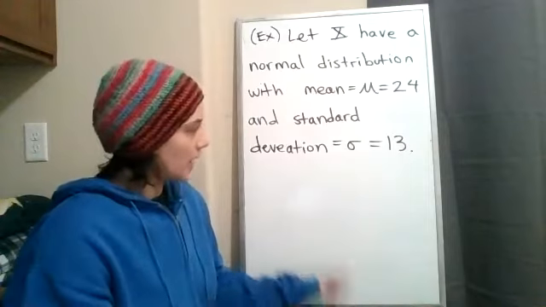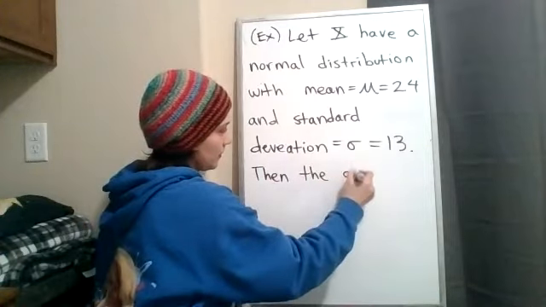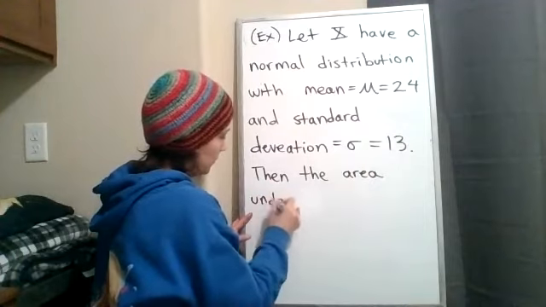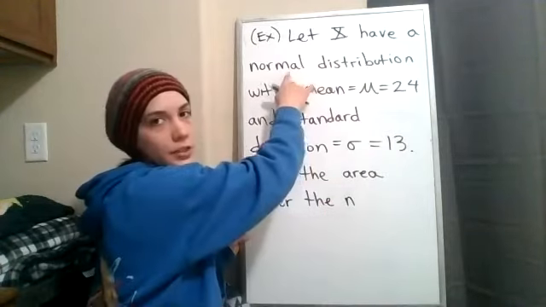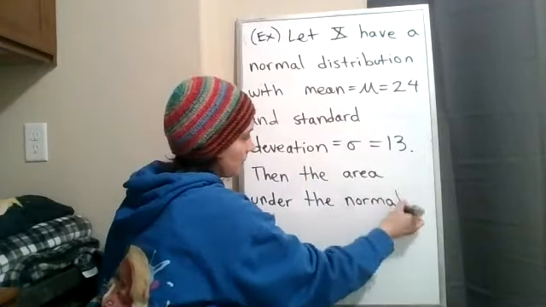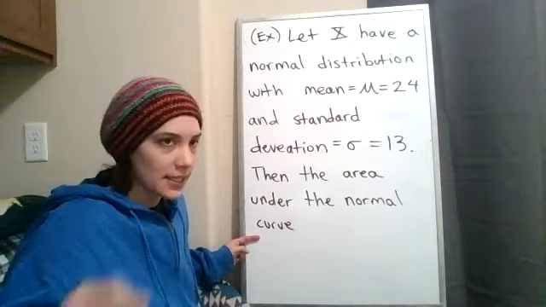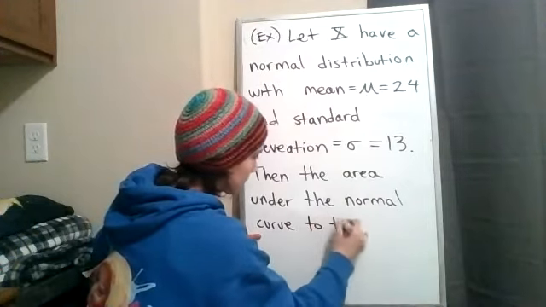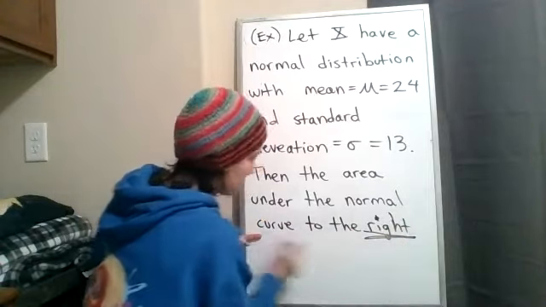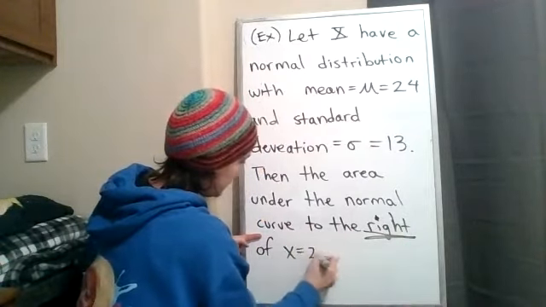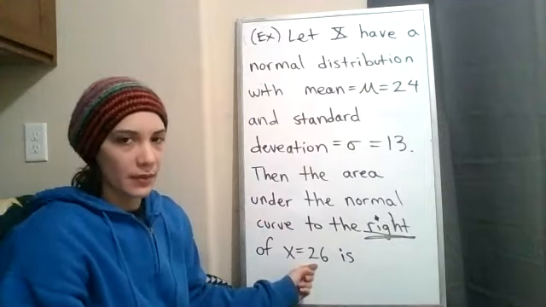So I found that the area under the normal curve, the normal distribution, to the right of x equals 26, okay, so I did put a lowercase x because we did pick a specific value of x.